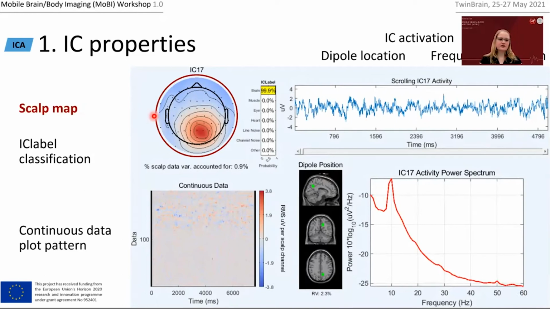And we already talked about that also this morning or lunchtime in the pre-processing pipeline, that we do see some activity that is projected to a special number of electrodes on the scalp.